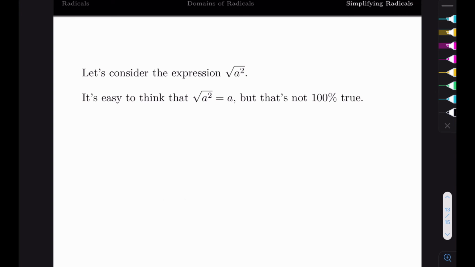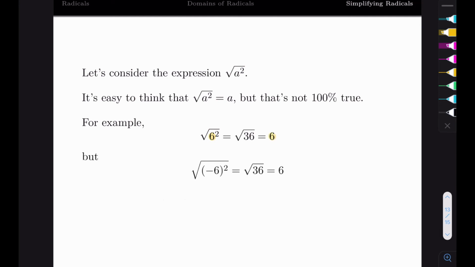So what I'm going to do is I'm going to look at two examples. So the first one, if I take the square root of 6 squared, well, 6 squared is 36. So I have no issues. Square root of 36 is 6. So indeed, the square and square root cancel, and you got exactly the number that was underneath it.